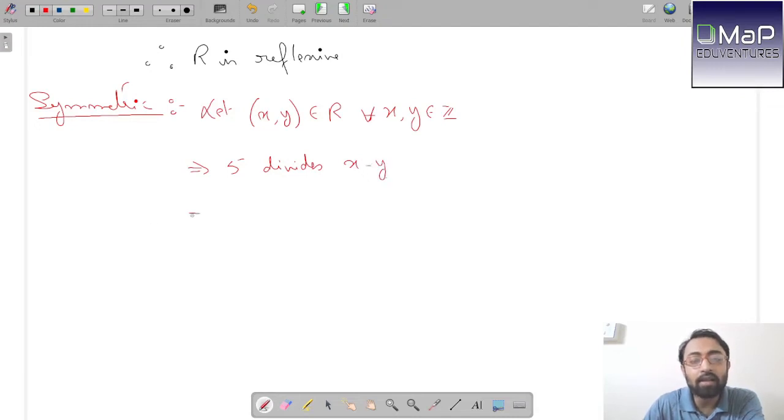Now let us take it as an equation. So x minus y can be written as 5 into an integral multiple, so l belongs to Z, so x minus y equals 5l.